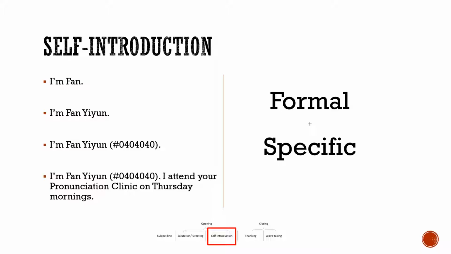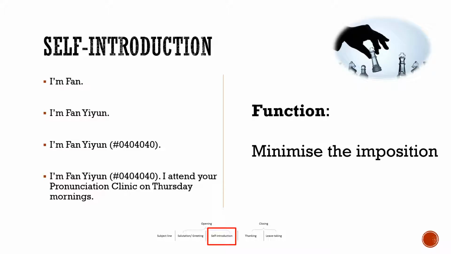And again, for the same reason that we are adding a subject line, telling someone exactly who you are makes the recipient's life a lot easier. So just like the subject line, the function of this is to minimize the imposition, to make life easier for the reader.